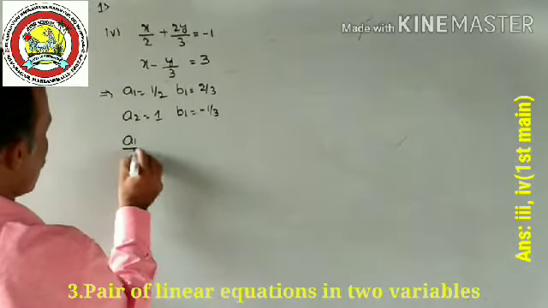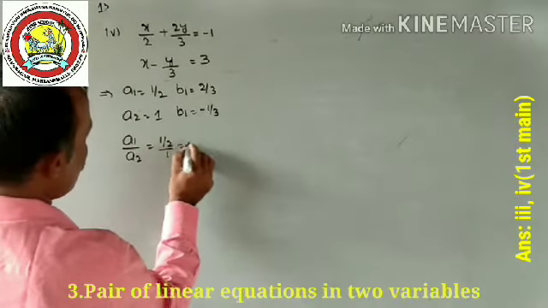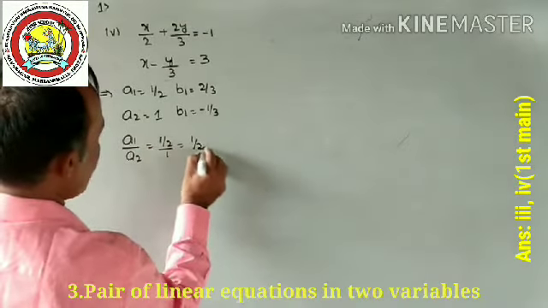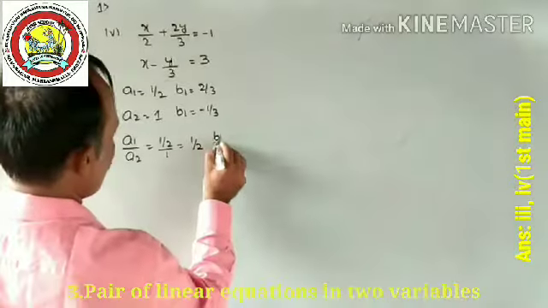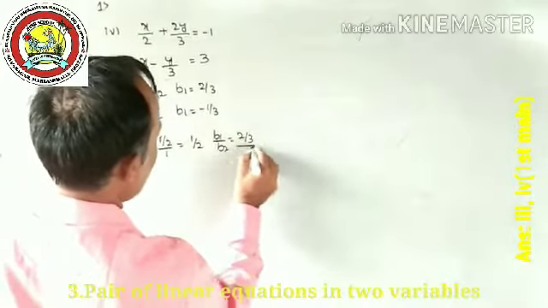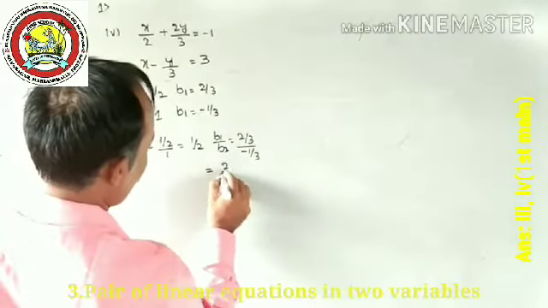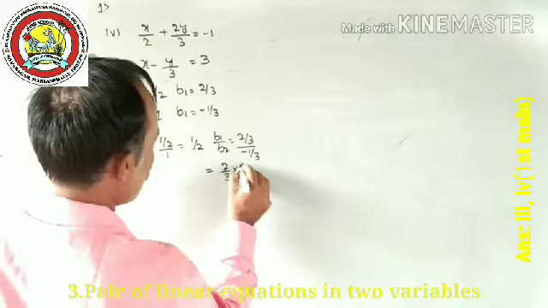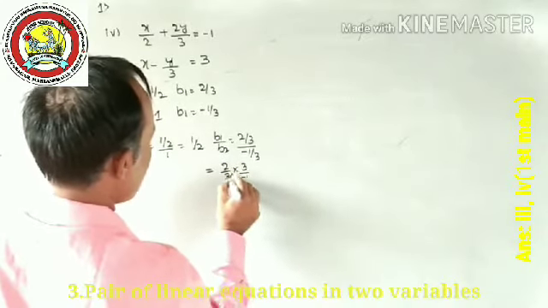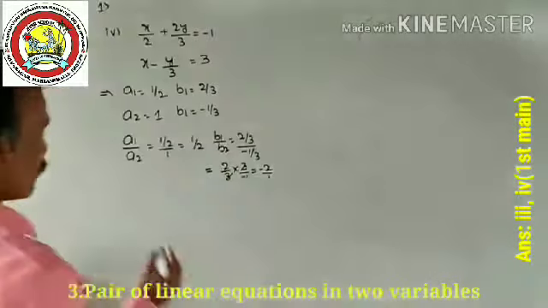So a1 by a2 is 1 by 2 divided by 1, which is 1 by 2. b1 by b2 is 2 by 3 divided by minus 1 by 3, which is 2 by 3 into 3 by minus 1, the 3s cancel, so minus 2 by 1.